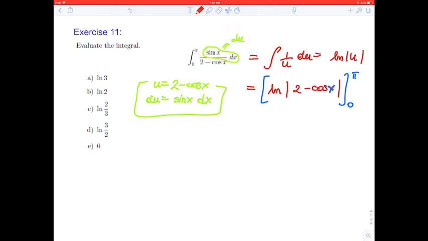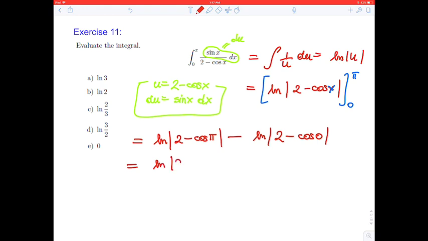Okay, let's substitute and let's check. ln, I can start from the beginning, ln of 2 minus cosine of pi minus ln of 2 minus cosine at 0. Okay, cosine at pi is negative 1.